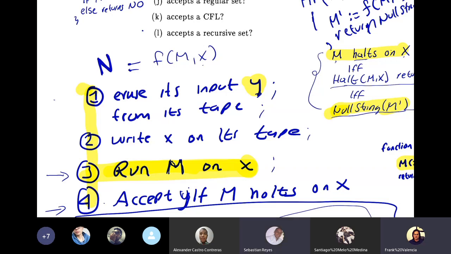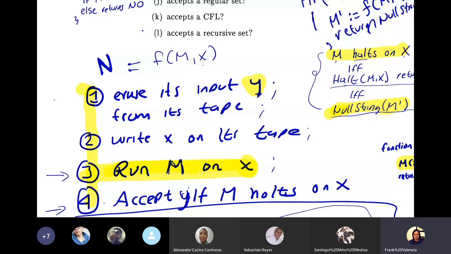Is it necessary for the machine M to consume X in order to reach that accept or reject state? Not necessarily, yeah, it might be the case. In Turing machines, there is no concept of consuming an input, because you can go immediately to reject or accept, since you can move the head towards the left or towards the right.